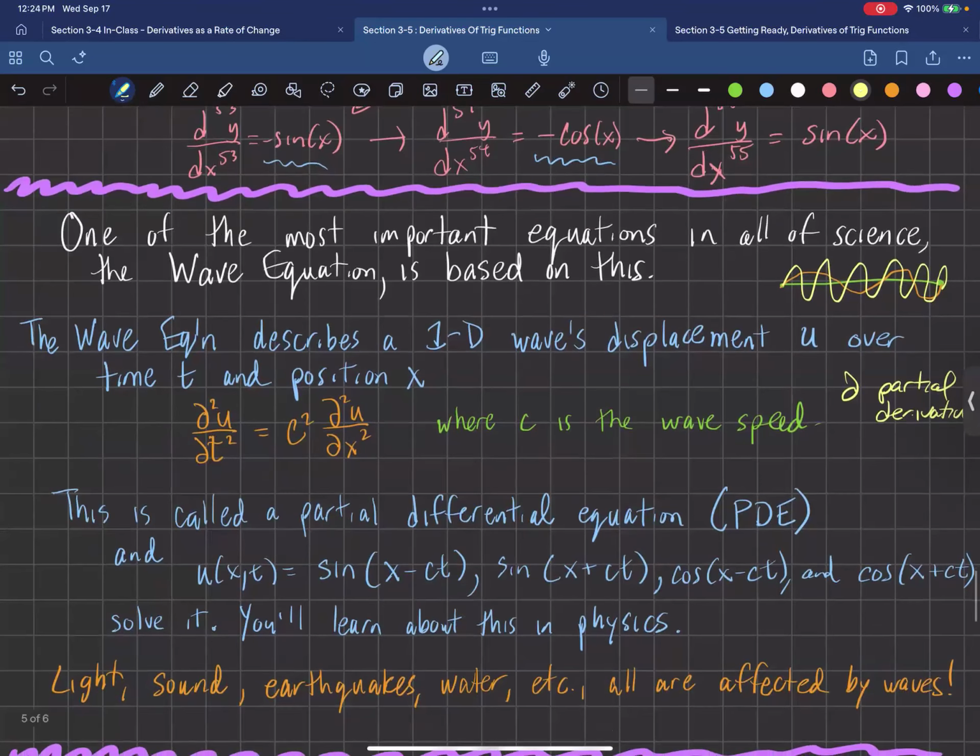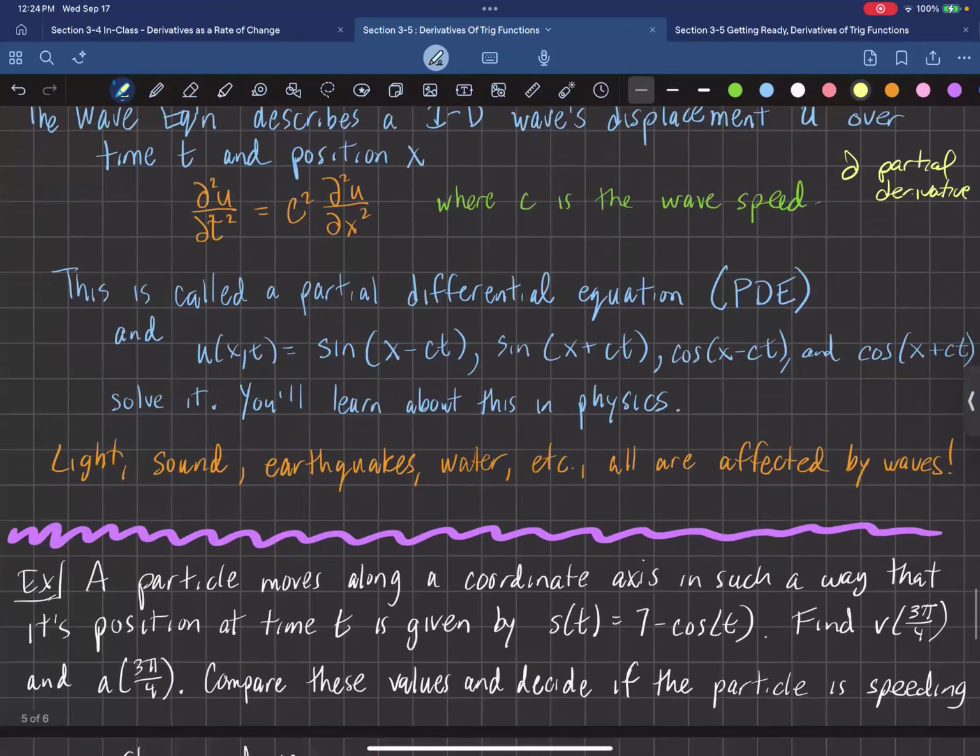Lots of things travel as waves: light, sound, earthquakes, water. A lot of things are affected by waves. So this is a really important equation. And since the second derivatives with time and space have to equal each other, that occurs with trig functions, sine and cosine in particular. Okay.